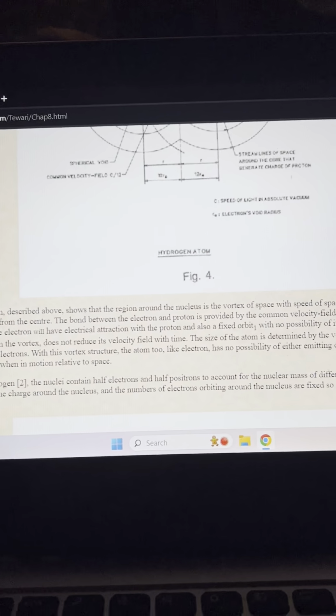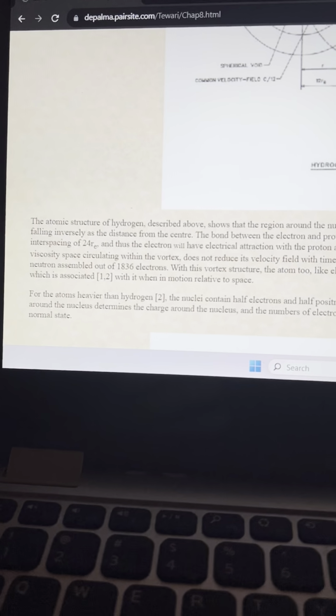The atomic structure of hydrogen described above shows that the region around the nucleus is the vortex of space with speed of space rotation of 0.12 around the nucleus, falling inversely as the distance from the center.